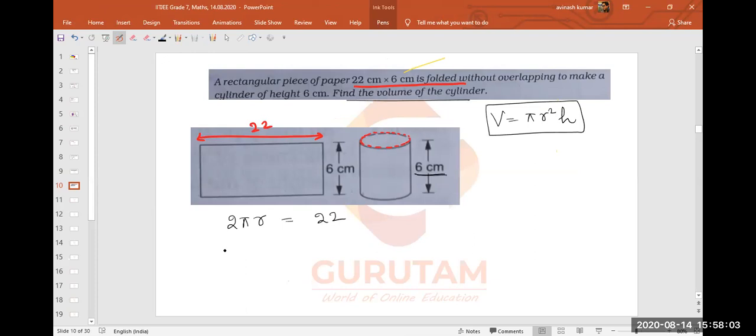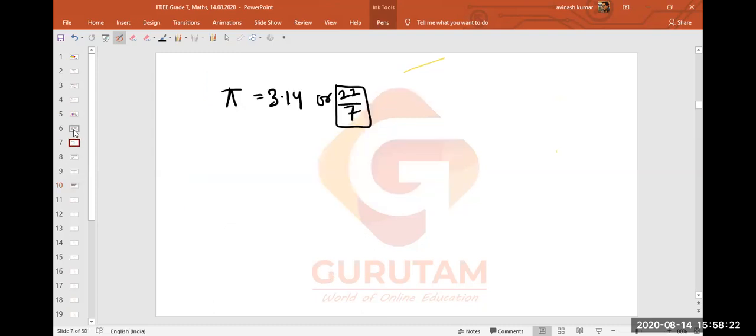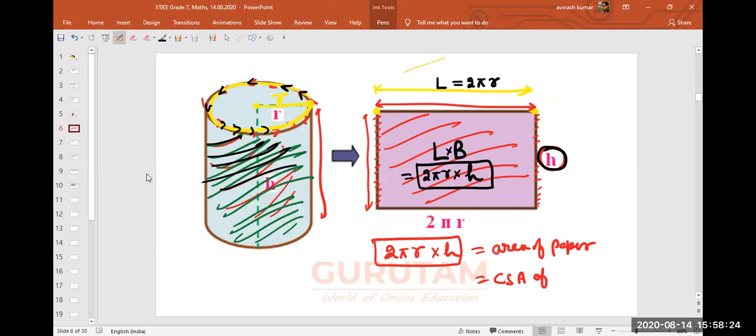So we are finding r now. 2 into 22 by 7 into r is equal to 22. Why 22? Because length will be equal to circumference, do you remember that?